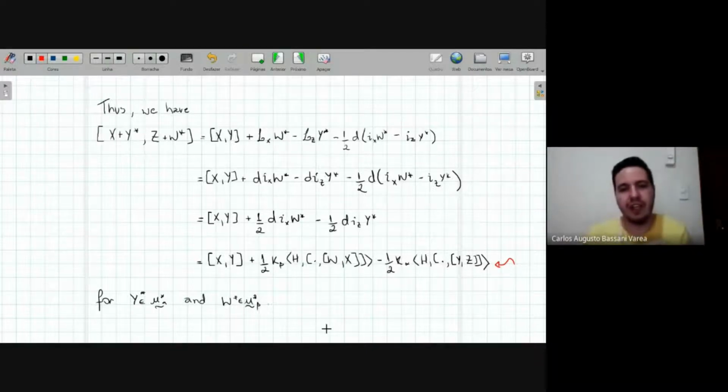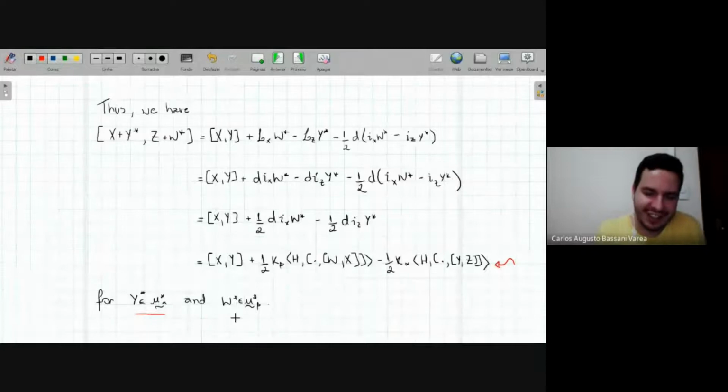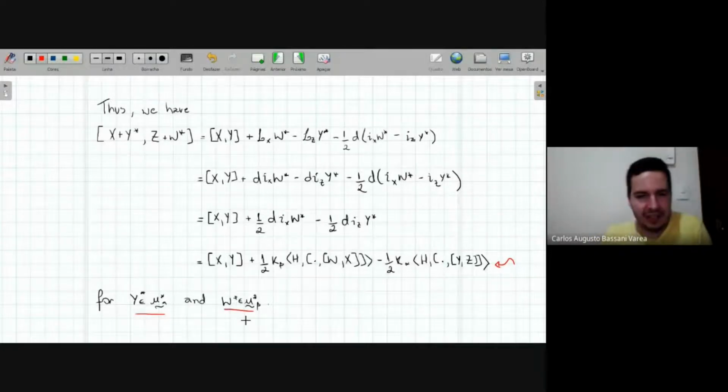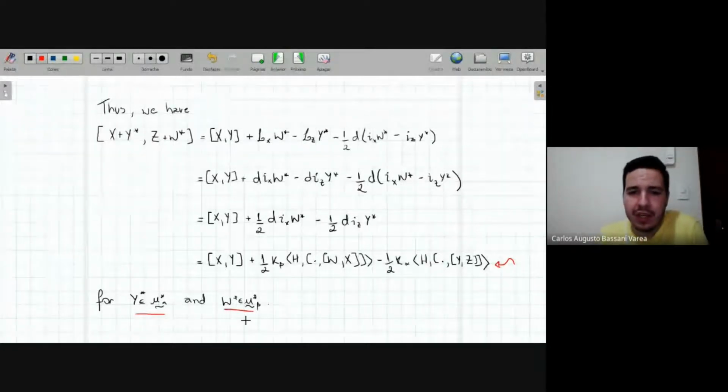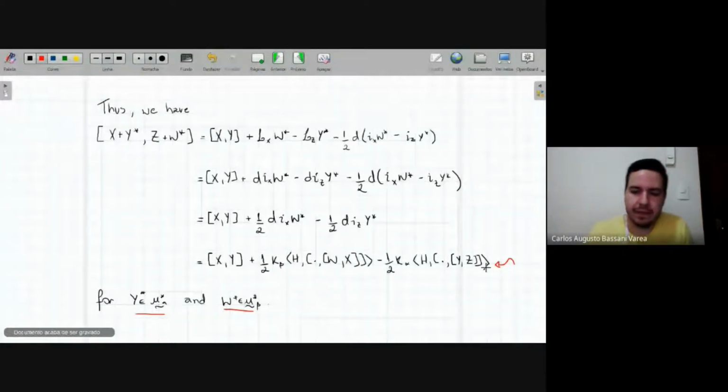Again, you could take elements in the tangent space, and then you can use the linearity to separate each part. Okay, so there is no loss of generality in taking elements here. So this is the expression for the Courant bracket.